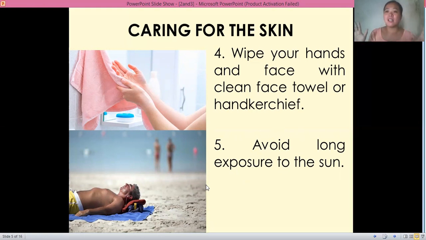If you want some sunlight, you can go out at 6 or 7 a.m. up to 8 a.m. in the morning because it's still good for your health. But if it is already hot on your skin, then it's not good for you.